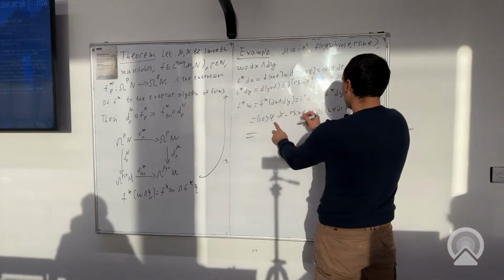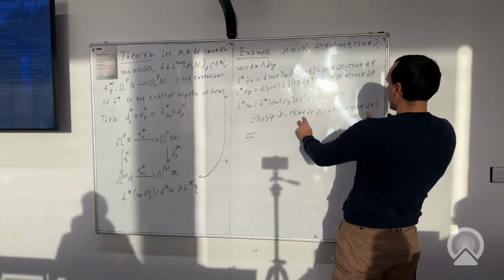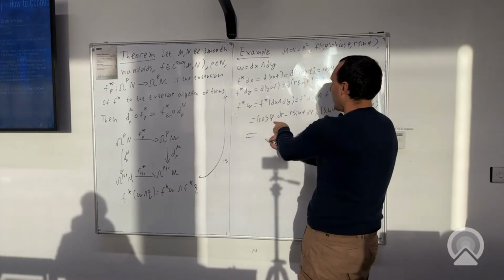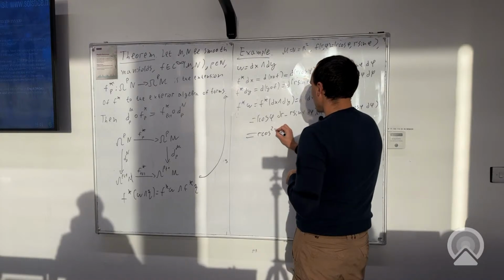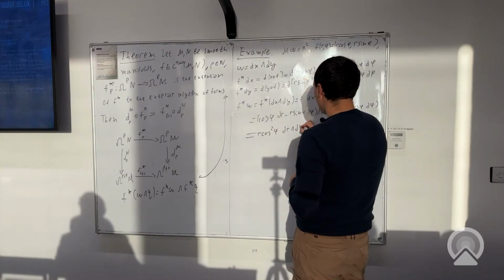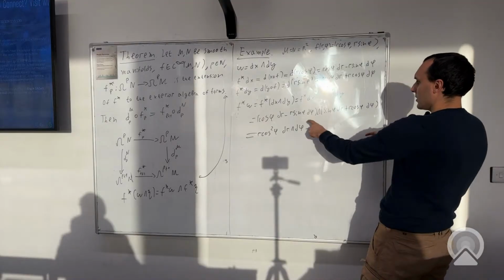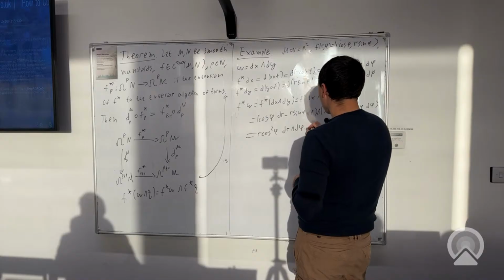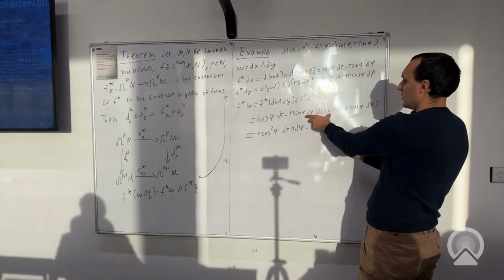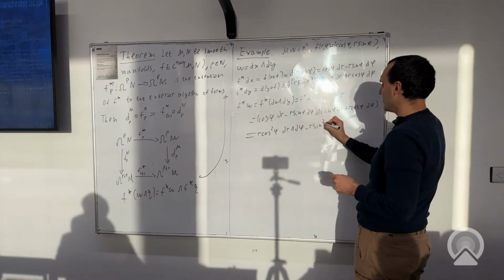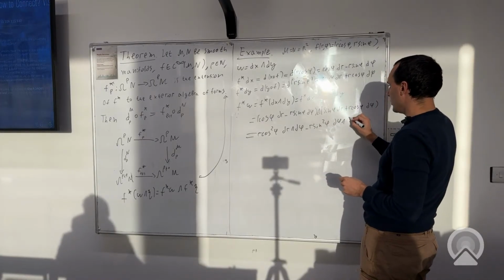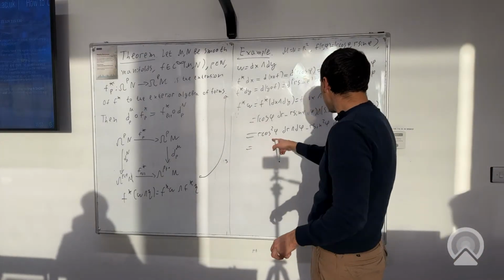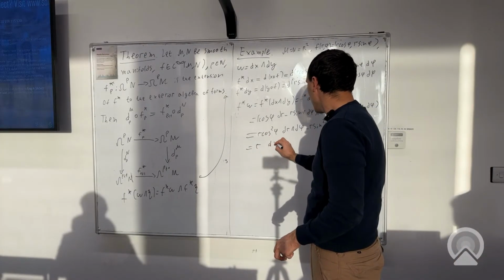And now dr wedge dr is 0, so we have only the second component. So we have r cosine squared phi dr wedge d phi, minus this thing here, r sine squared phi d phi wedge dr. But this changes sign, and so the whole result will be r dr wedge d phi.